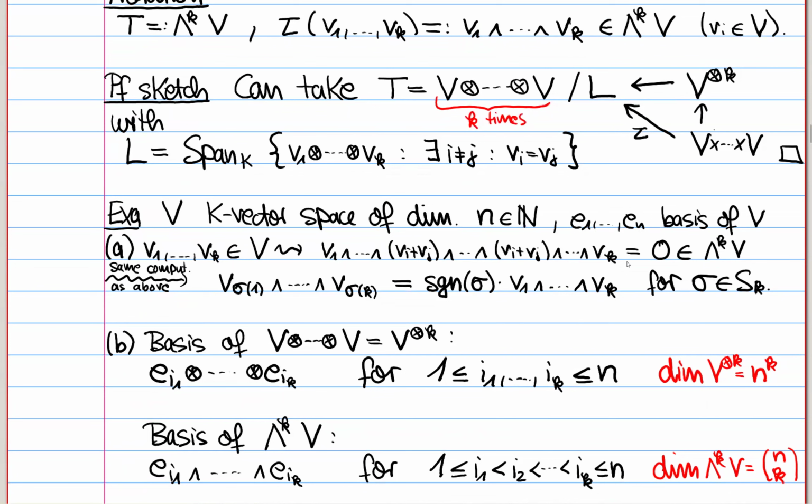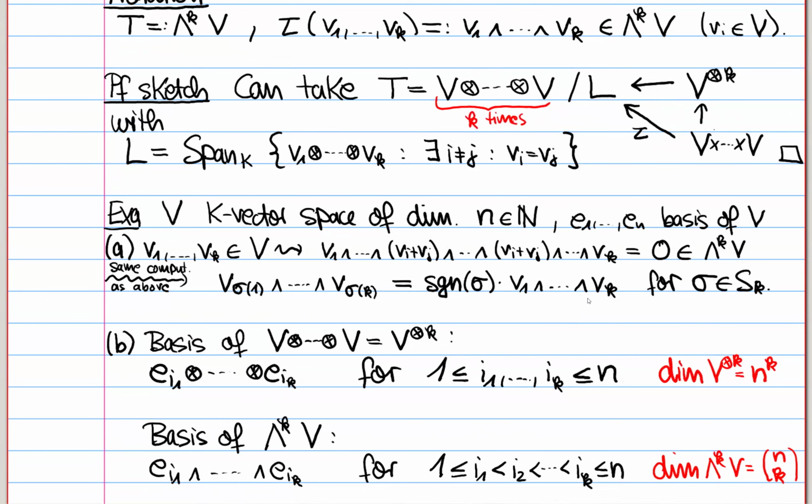Of course, we know this is 0, because essentially this is in the span of things that we killed by the quotient. Then the same calculation as above shows this property with the permutations, namely that the permuted wedge product is just, up to this sign plus or minus 1, the unpermuted wedge product.